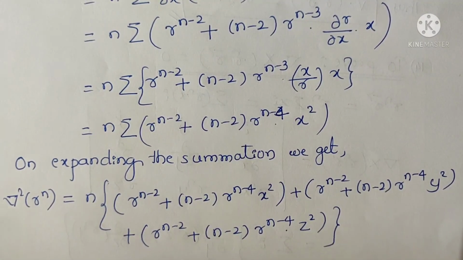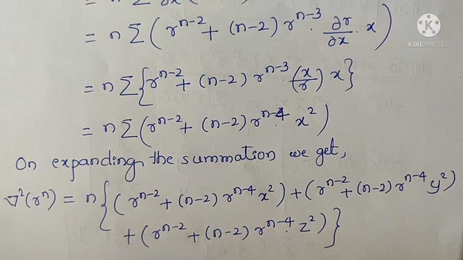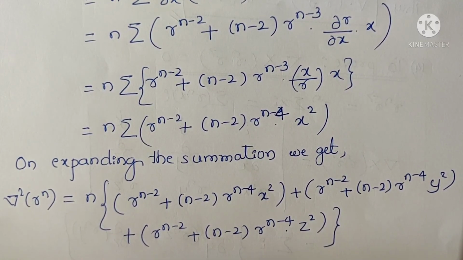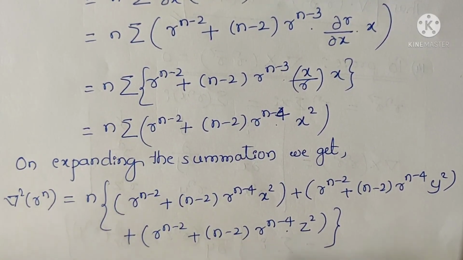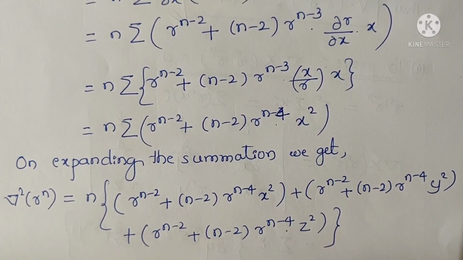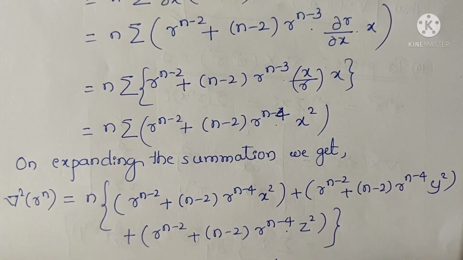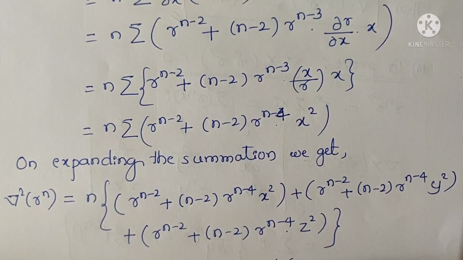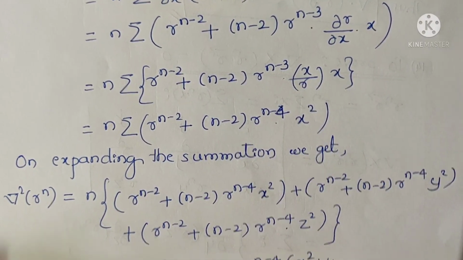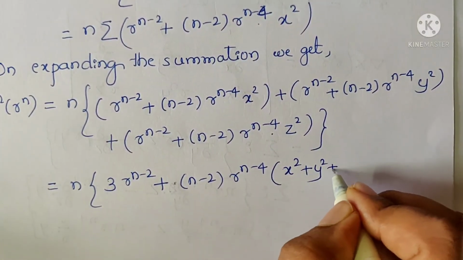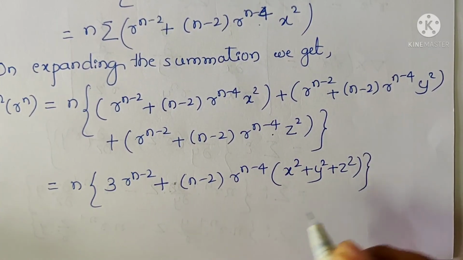So this is equal to n into 3 times r raised to n minus 2 plus n minus 2 into r raised to n minus 4 is common. So you are left with x square plus y square plus z square.